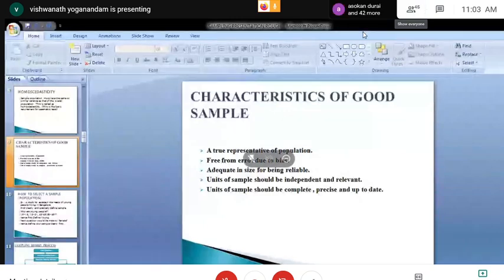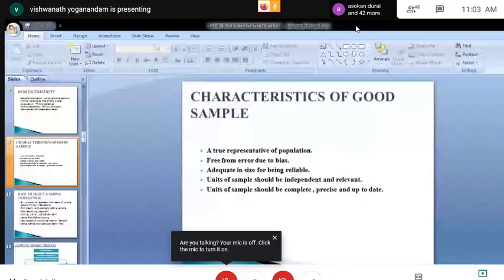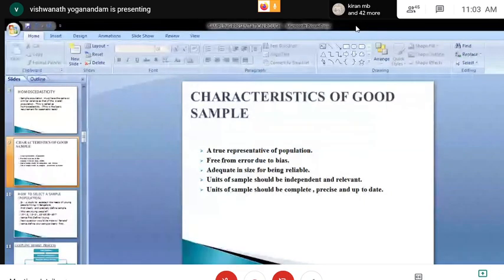I think we know the concepts of reliability and validity. Reliability is when the same test, repeatedly applied, gives the same kind of result. And validity is whether you are measuring what you intend to measure.